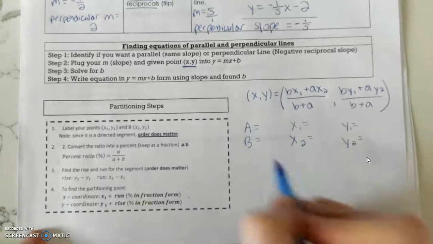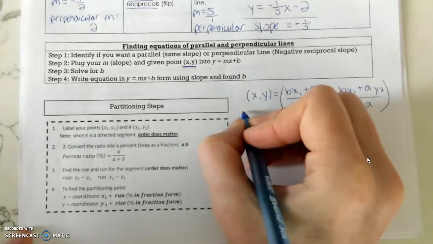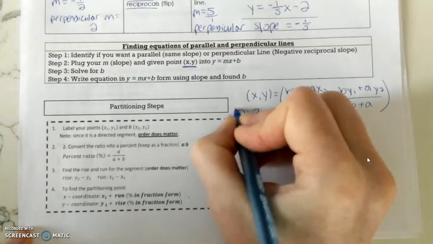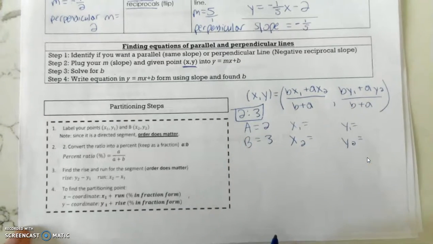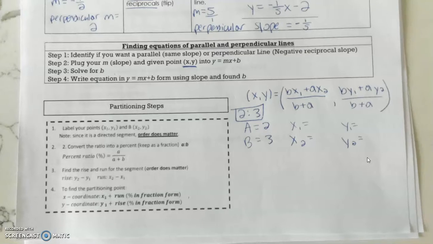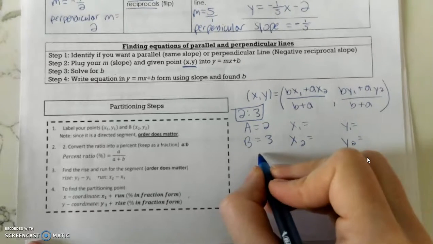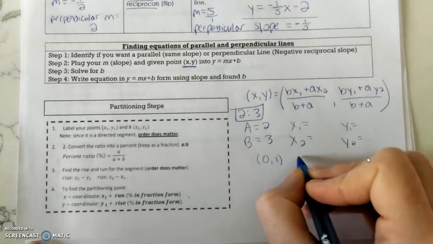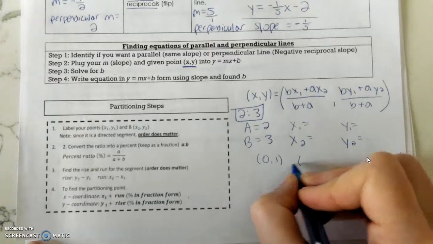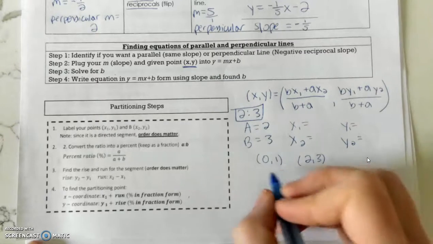All right, the a and the b come from the ratio, right? So if I gave you an example of a ratio of 2 to 3, your a would be 2 and your b would be 3. All right. If I gave you example points of 0, 1 as your first point and 2, 3 as your second point.